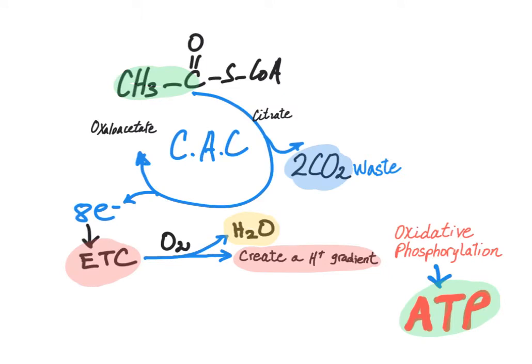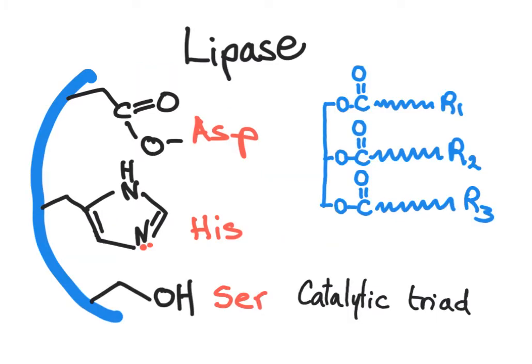The 8 electrons bound in the reduced coenzymes will enter the electron transport chain to pump protons from the matrix to the intermembrane space. When the protons return back to the matrix, that will help ATP synthase to release useful ATP molecules. Pancreatic lipase catalyzes the hydrolysis of triacylglycerols at carbon number 1 and carbon number 3.